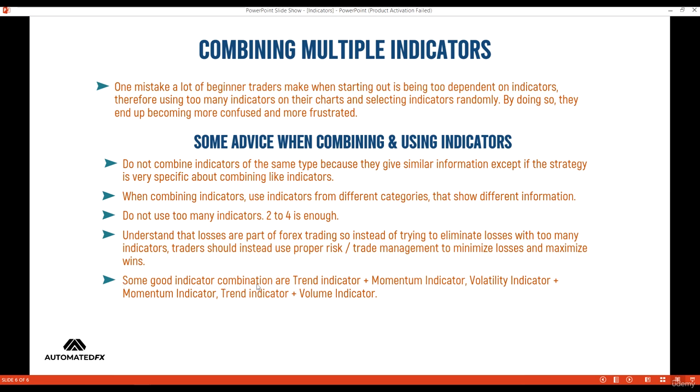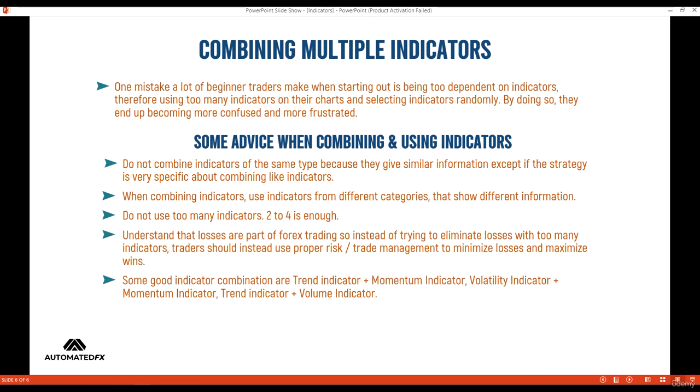Some good indicator combinations could be trend indicators plus momentum indicator. So one trend indicator plus one momentum indicator, and then volatility indicator plus momentum indicator, and then trend indicator plus volume indicator. You could also have one indicator from each of three classes of indicators combined, so that they give you good signals.